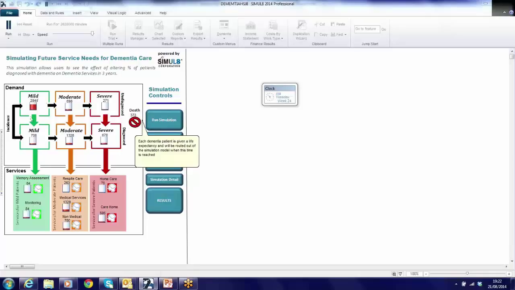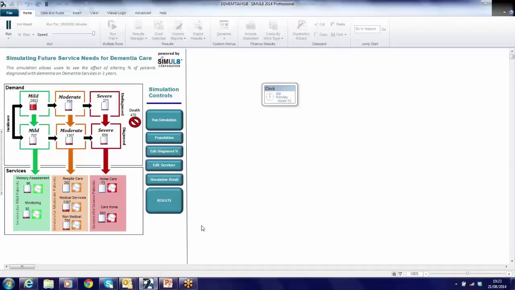And whilst patients are in each of those states, then they have these different sets of services. So what it's enabling you to do is to understand how patients progress, when they progress, what services they're going to need, and when they're going to need them. And we've got the clock running on the right-hand side here. I'll just speed that up a bit. And it's going to run for 3 years to allow us to understand how that's going to happen over time.